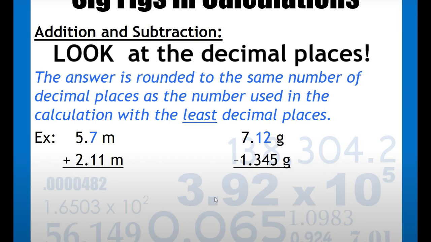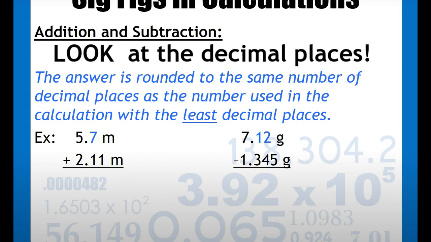So the answer is rounded to the same number of decimal places as the number used in the calculation with the lowest or the least amount of decimal places. All right. So the least one is the one that you have to remember here. So the least number of decimal places between these two problems here is what you would want to use. So I'll let her continue.